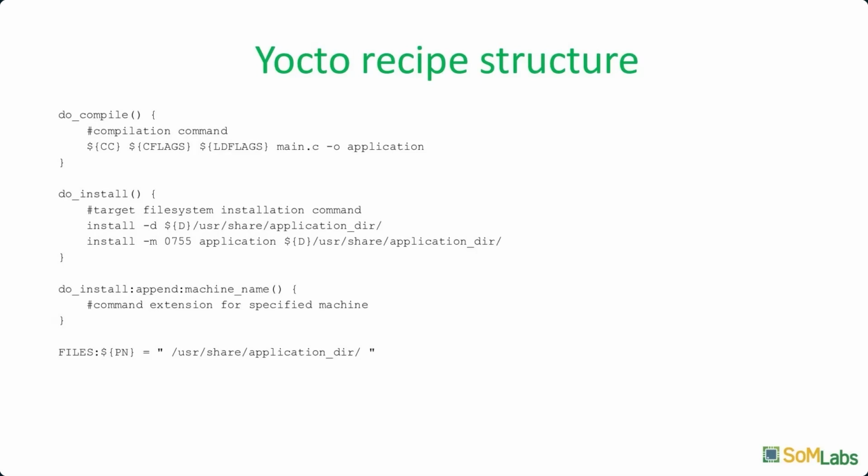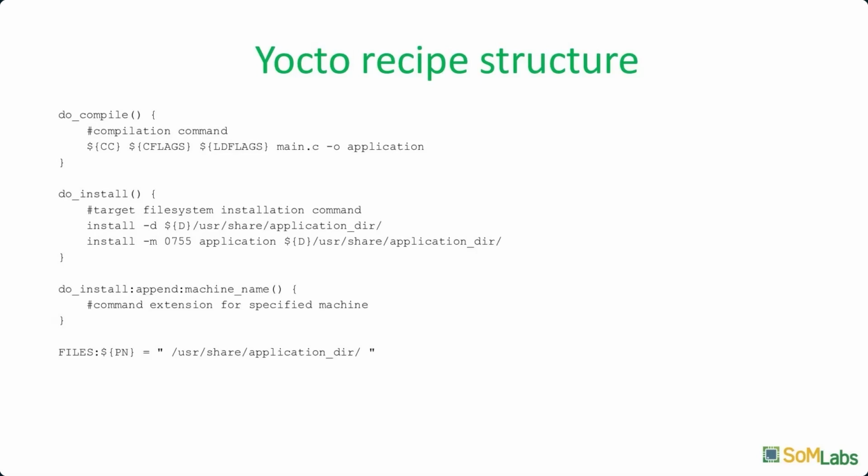There are some commonly used procedure names defined by BitBake, like do_compile and do_install here, but we can also define our own and place them between, for example, do_compile and do_install if we need additional steps of preparing the package.